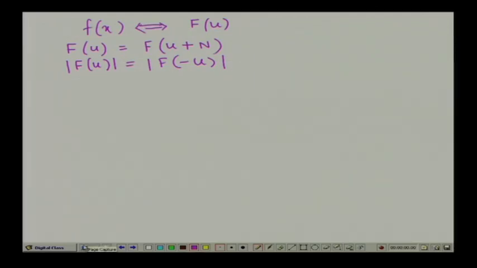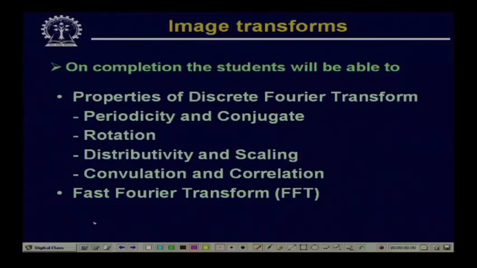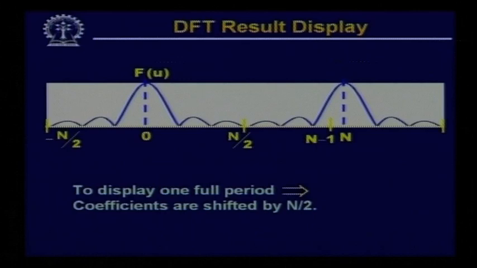By this what we mean is, let us consider a figure like this. This is a typical Fourier transform of a particular signal, and here you find that the Fourier spectrum is centered at the origin. If you look at the frequency axis, the u axis, you will find that the magnitude of F(-u) is the same as the magnitude of F(u).